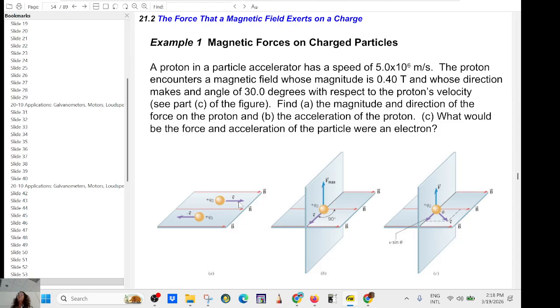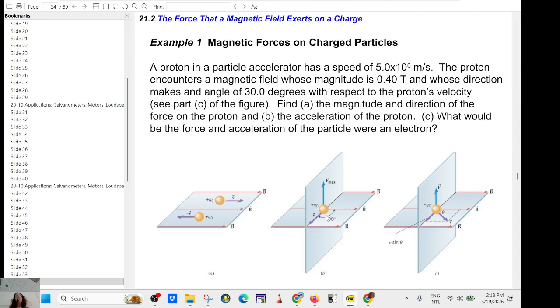To have a magnetic force, you need a component of the velocity perpendicular to the magnetic field. If they have the same direction, no force. If they have opposite direction, no force. So the magnetic force equals 0.